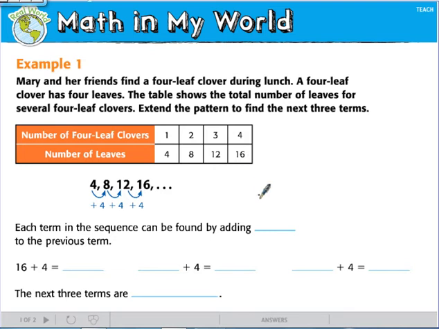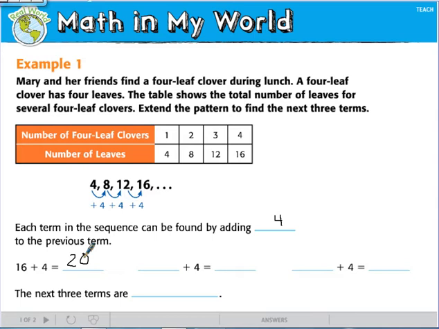Each term in the sequence can be found by adding 4. And they show you right here. Look at 4 plus 4 is 8, plus 4 is 12, plus 4 is 16, plus 4 is 20. So 16 plus 4 is 20.